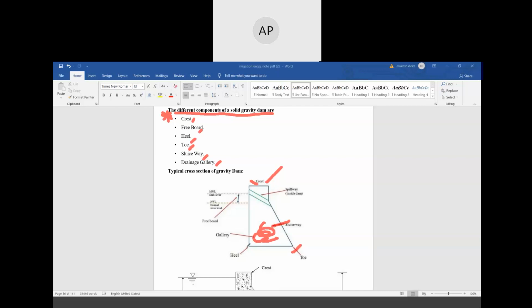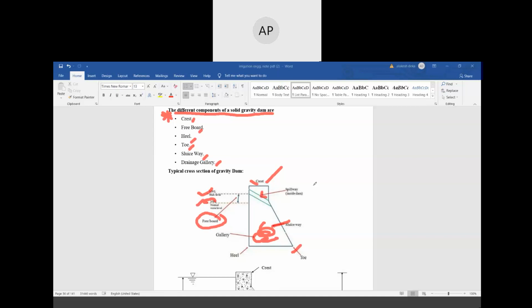This is the maximum water level, and this is the normal water level. In between maximum and normal, there is a freeboard. And inside the dam, there is a spillway.